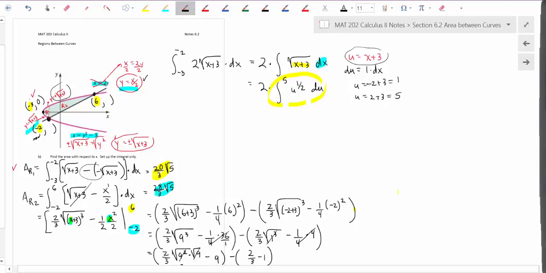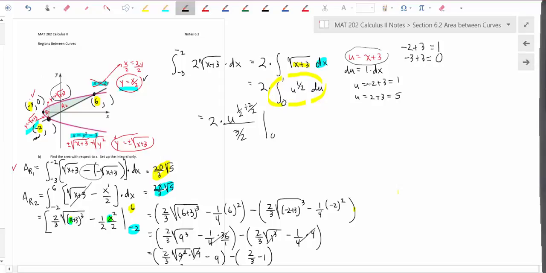What's going to happen here then is plug in -2 in here. So -2 plus 3 is going to give 1. Plug in -3. -3 plus 3 is going to be 0. So in this u integral, I should have gone from 0 to 1. Let's do it carefully. So we bring down the 2. The antiderivative of u to the 1/2 is u to the 1/2 plus 1 divided by the result, which is 3/2.